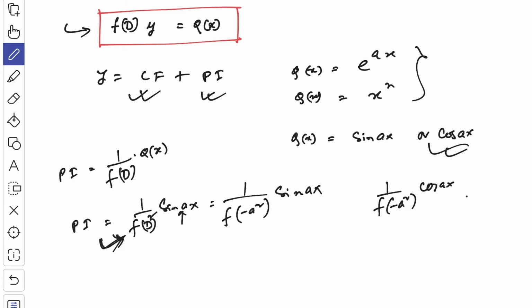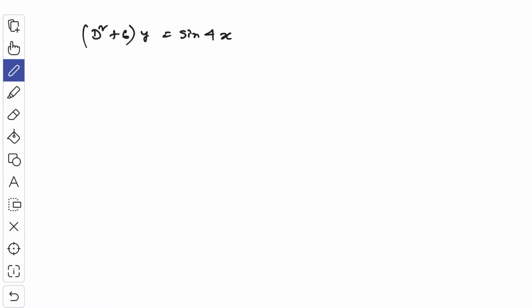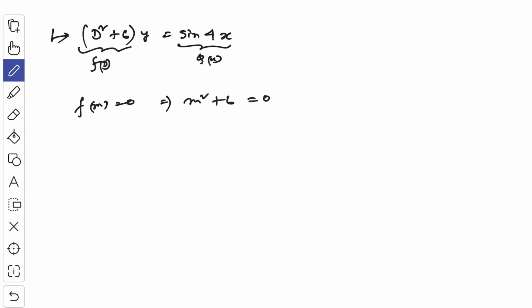Okay, so let's start. This is the first differential equation we are to solve. From this part, compare with f(D), and this is our Q(x). Our auxiliary equation will be f(m) equal to 0. If you replace D by m, then you will get m square plus 6 equal to 0.